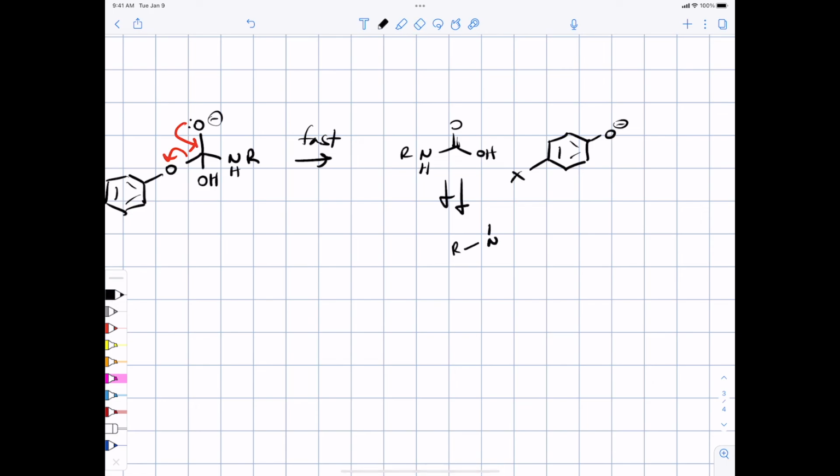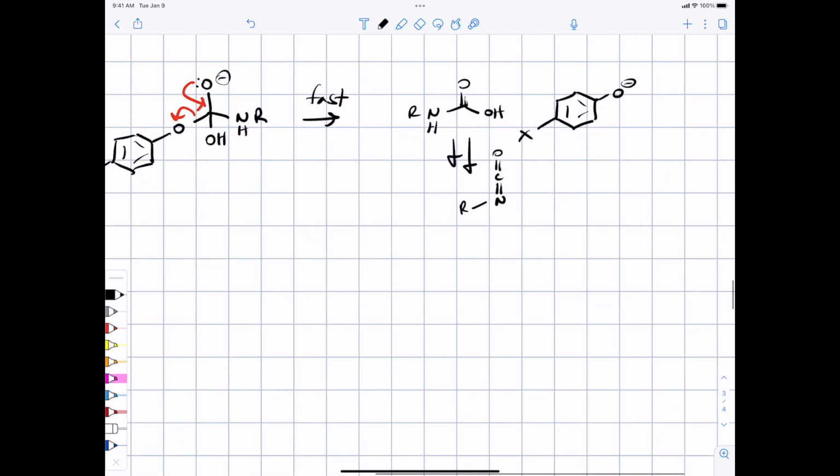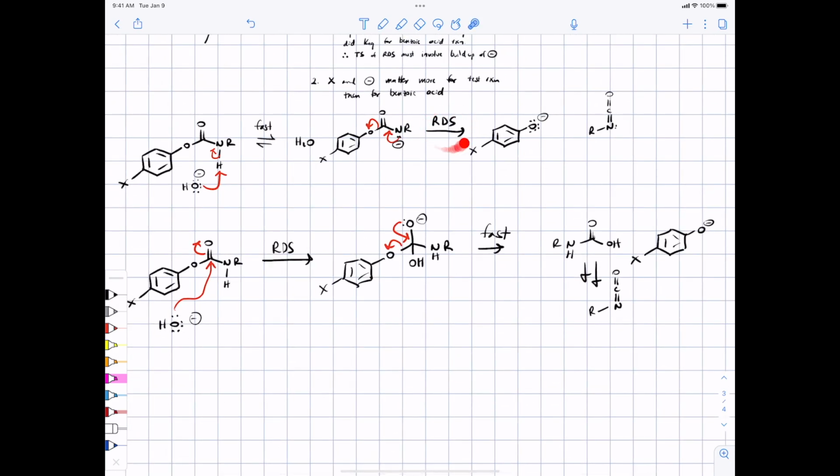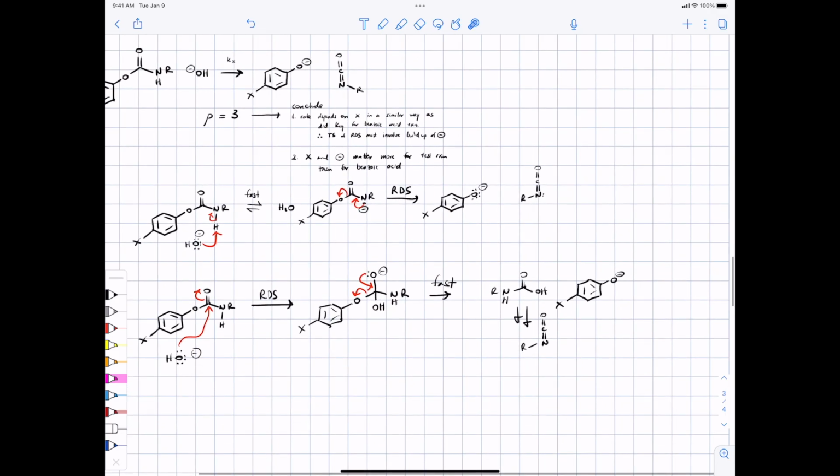I can't remember what it's called. But the point is that the rate determining step here involves release of the phenolate ion, whereas the rate determining step here involves making a negatively charged tetrahedral intermediate.